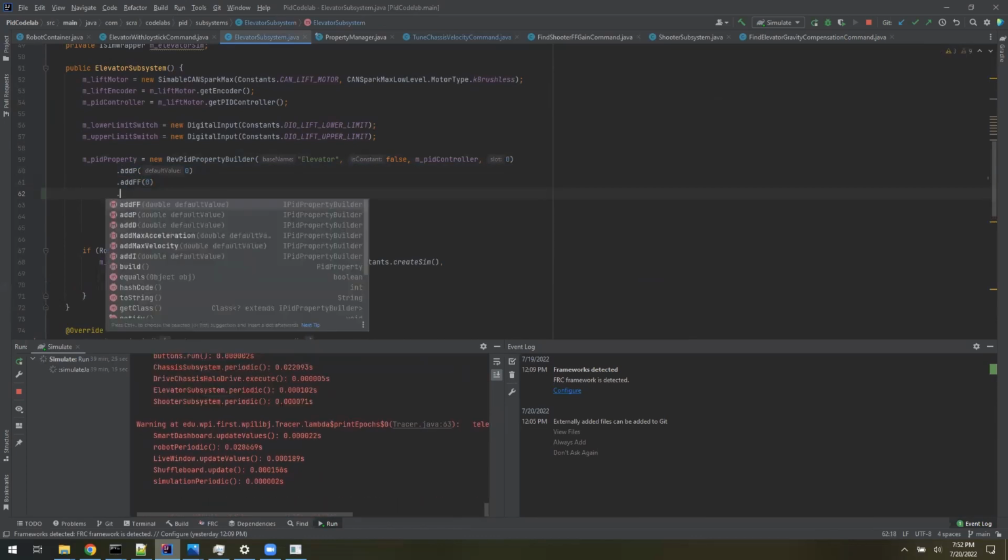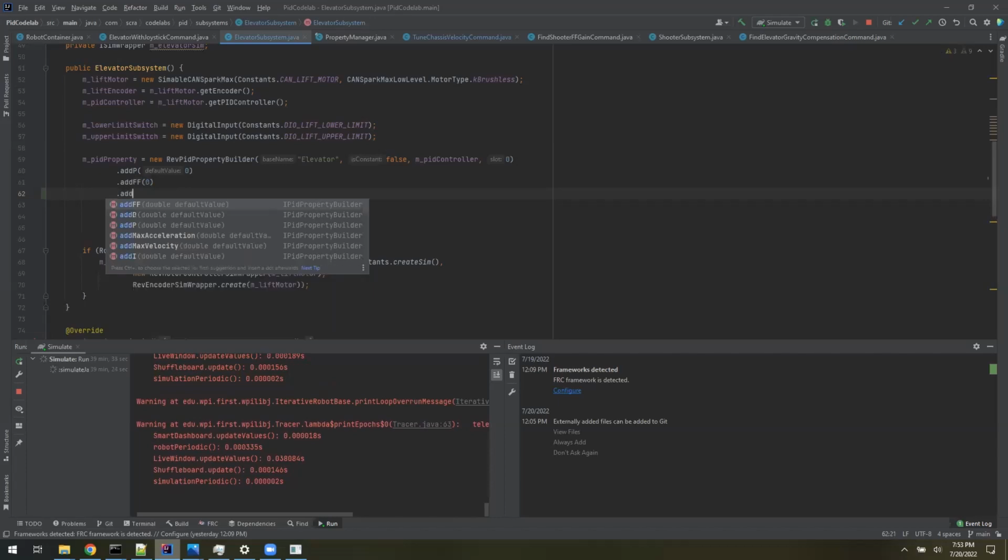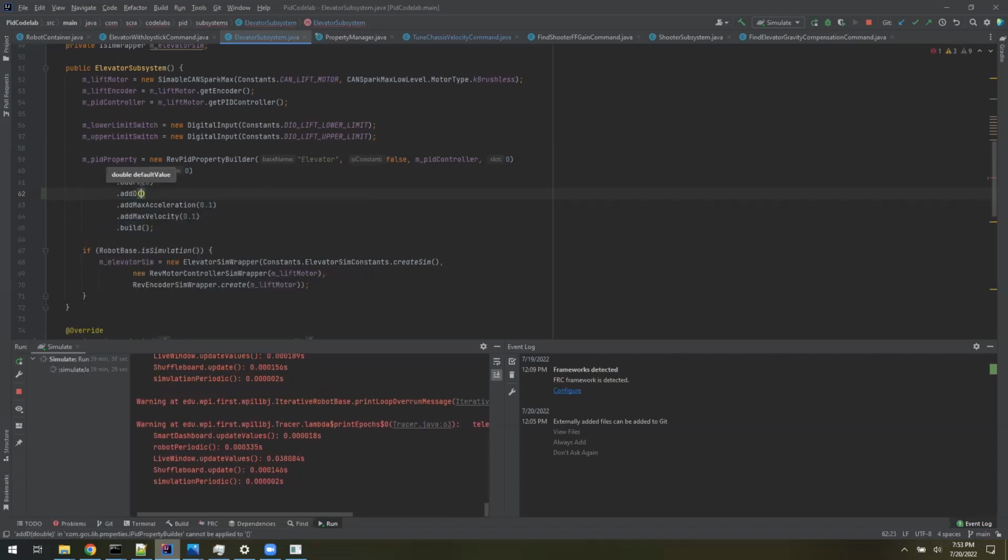It's only going to show a property for what you have added to this builder. Like in the shooter, I'm in the elevator right now, but same idea. If you wanted to add D, you could just do this. You can give it a default value, or you could just say 0 and I'll tune it later.